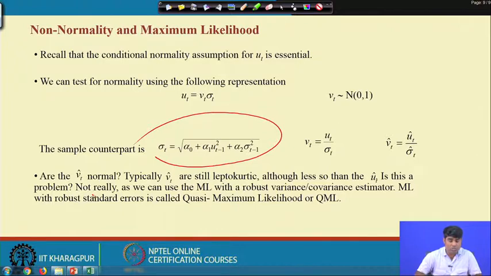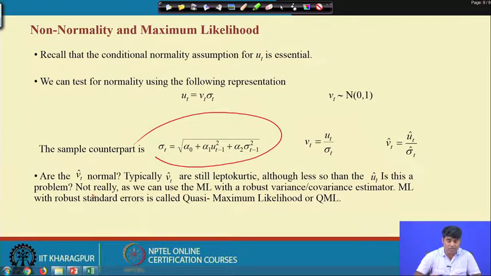Now, the question is whether the estimated v is normal. In reality, the v estimates are still leptokurtic, although less so, that means compared to u t. So, now the question is, is this a problem?